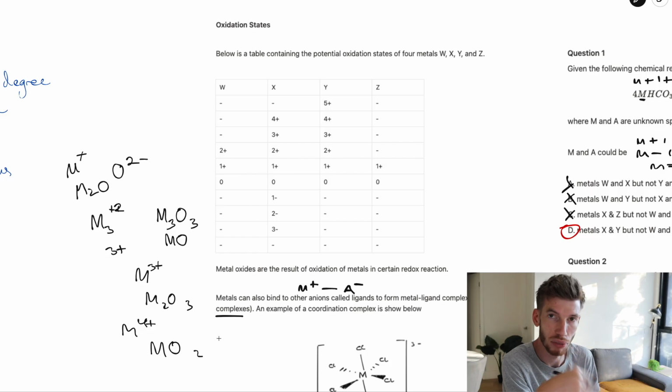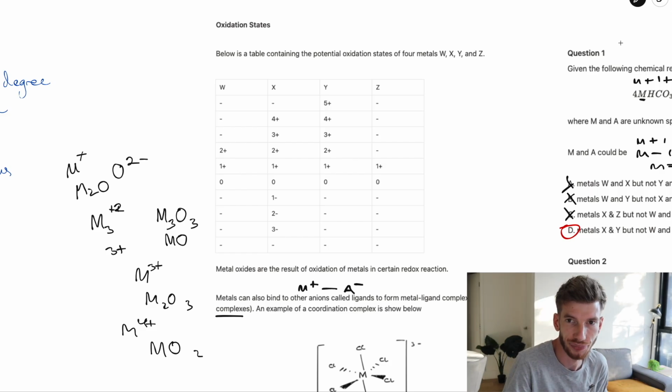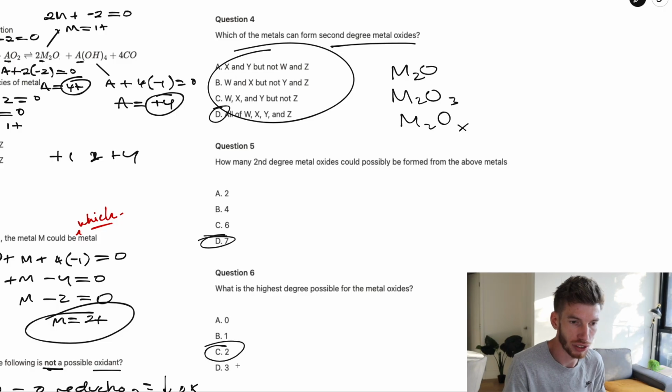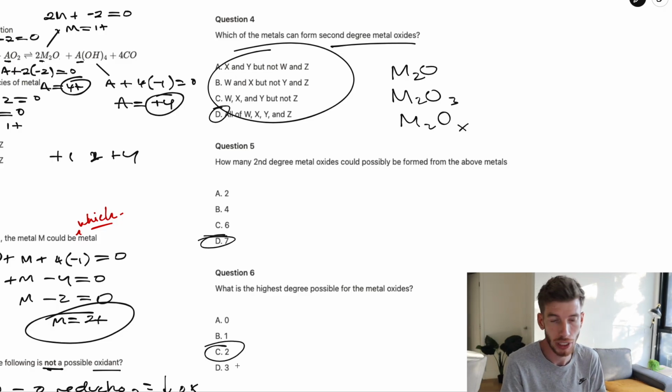So it was just fluctuating between 1 and 2, and that's it. So therefore, the highest degree is that. Now think about how could you make an alternative to that same question. You could also look at it as what values could N take for a metal oxide, and it could be 1 or 2 as the final answer.